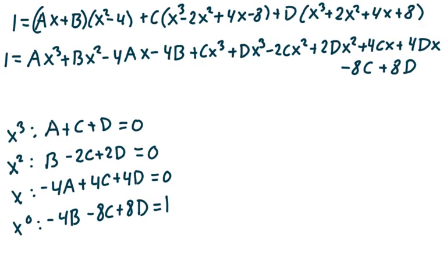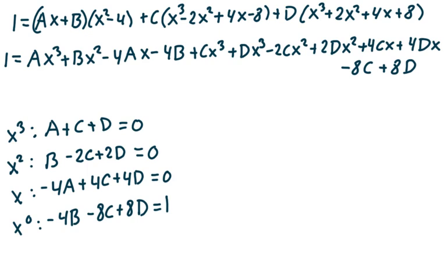So 1 equals (ax plus b) times (x squared minus 4) plus c times (x cubed minus 2x squared plus 4x minus 8) plus d times (x cubed plus 2x squared plus 4x plus 8).